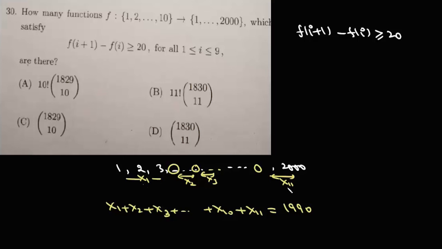Basically x1 and x11 can be 0, so x1 can be 0 or greater than 0, and x11 also can be 0 or greater than 0. We have solved many questions like this in the permutation combination assignment.